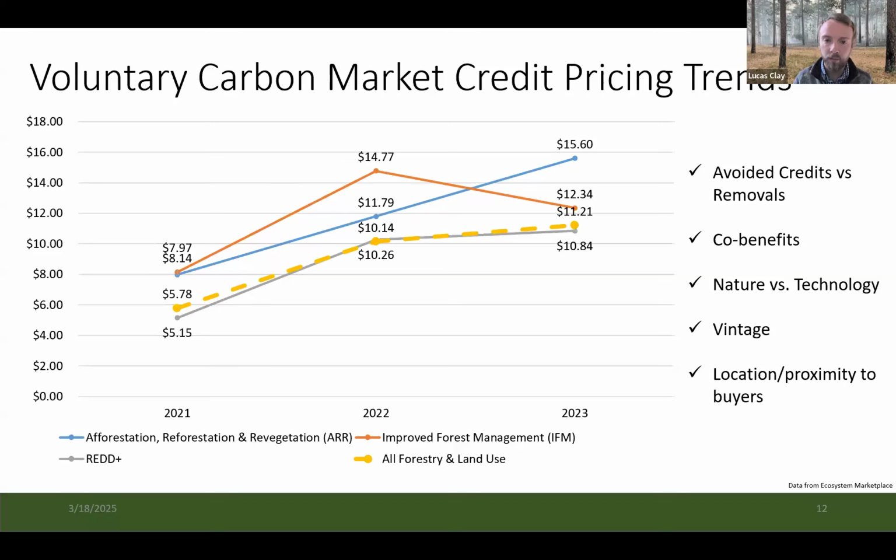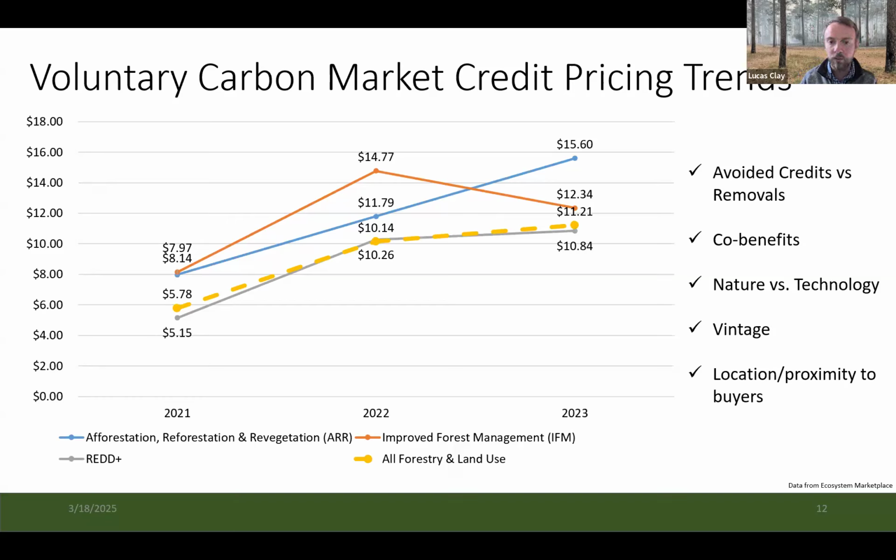So in the voluntary market, instead of it being supply and demand, we see these trends in voluntary carbon pricing due to a variety of different factors, including avoided credits versus removals, the co-benefits, nature versus technology credits, vintage, and then location and proximity to buyers. And we'll go into what some of those mean as time goes on here.